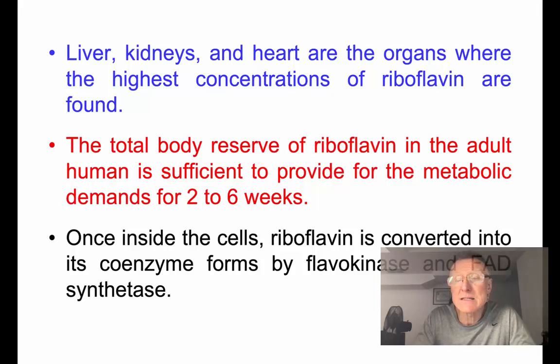So you don't become deficient very easily, because you have a certain amount of this vitamin trapped inside of the cells. And once inside the cells, riboflavin is converted into its coenzyme forms. There are two enzymes. One is called flavokinase, that makes the FMN form, and FAD synthetase, that makes the FAD form of this vitamin inside of the cells.